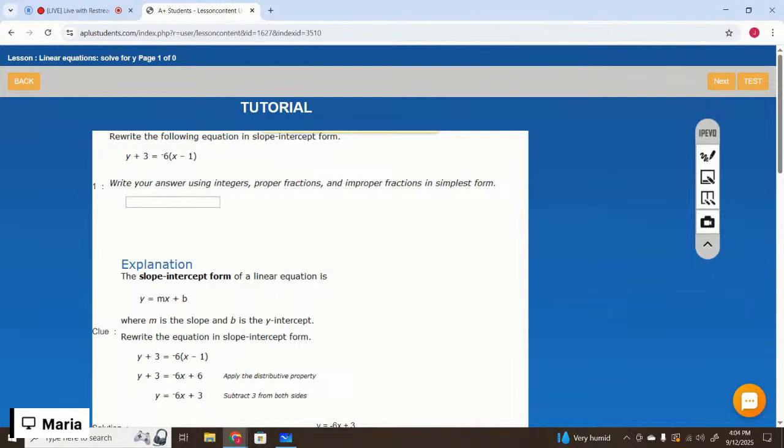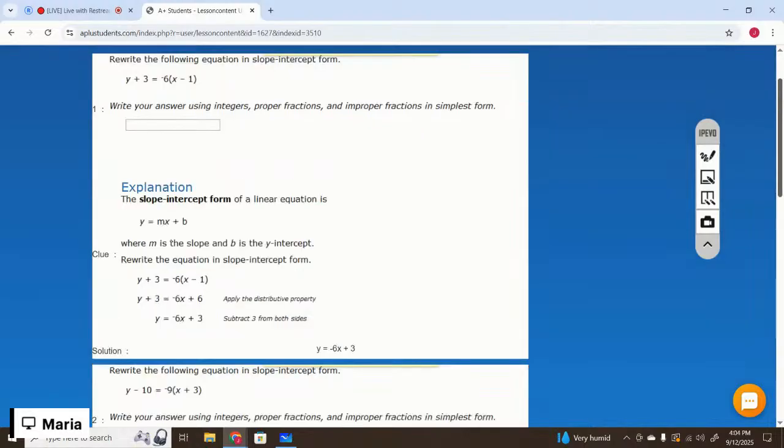Rewrite the following equation in slope-intercept form. y plus 3 equals negative 6x minus 1.